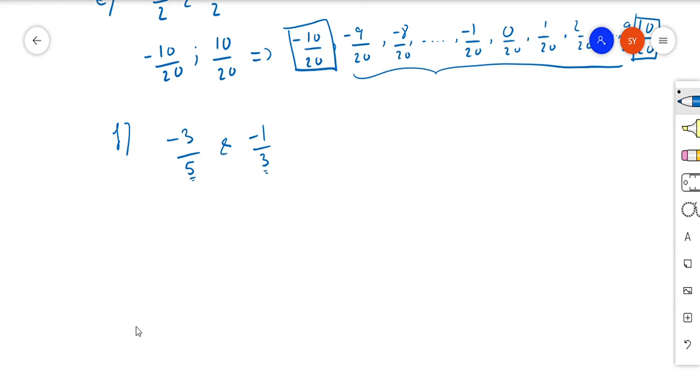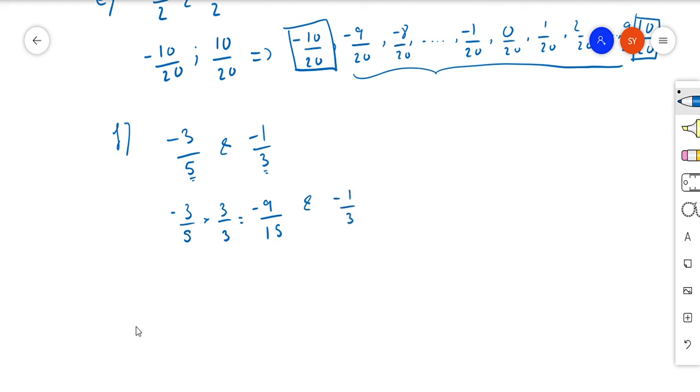They are two different ones, so we find the LCM, which we know is 15. So we have to make both the terms 15. Minus 3 by 5: how can we make 5 into 15? You can multiply it by 3, so it will be minus 9 upon 15.